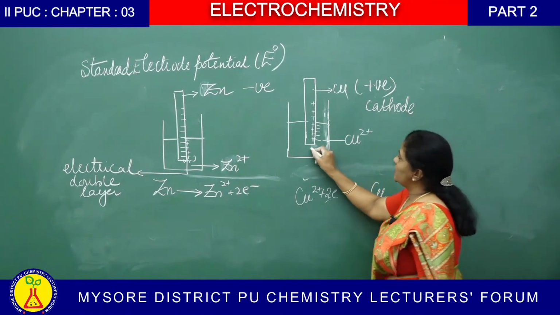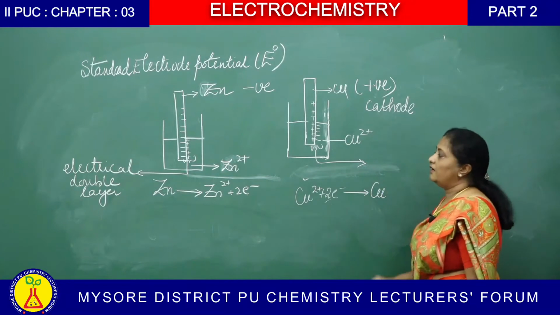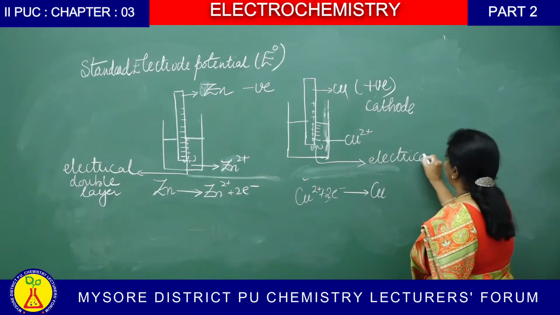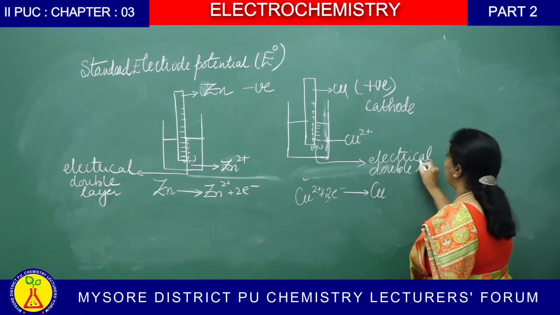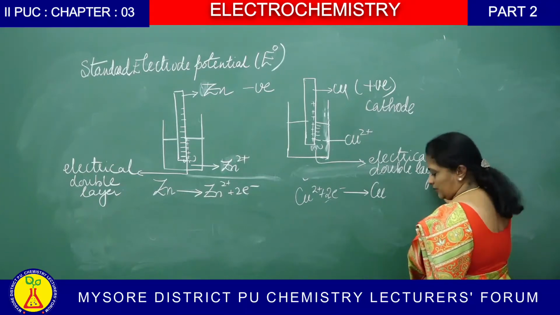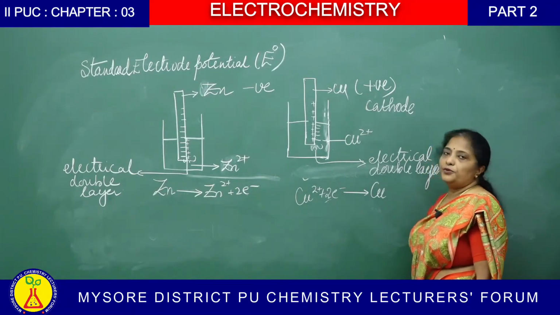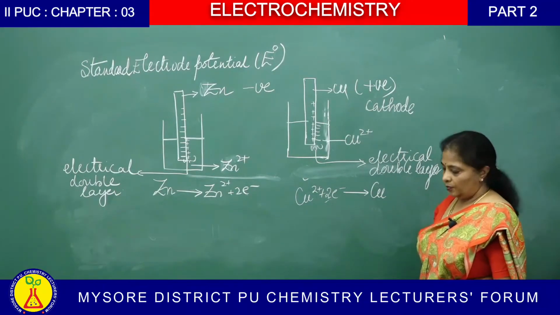And because of the separation of the charges, there is again a development of an electrical double layer, and that leads to the development of a potential, which you call the standard electrode potential.